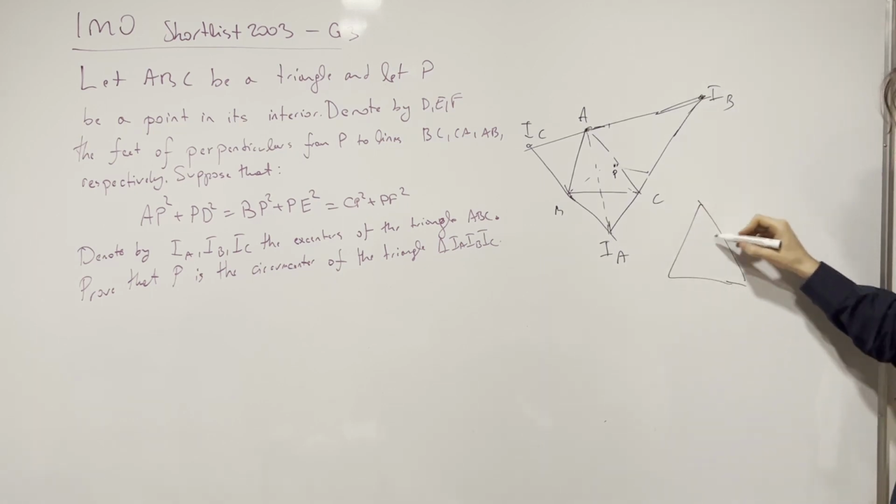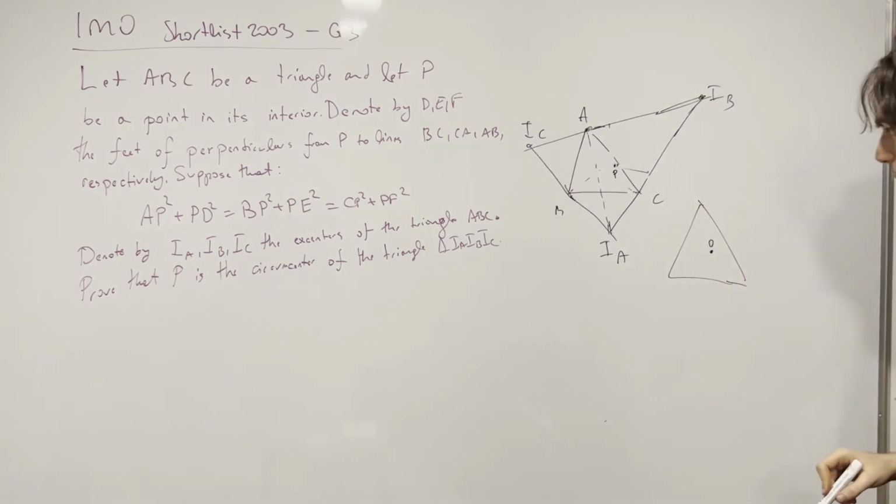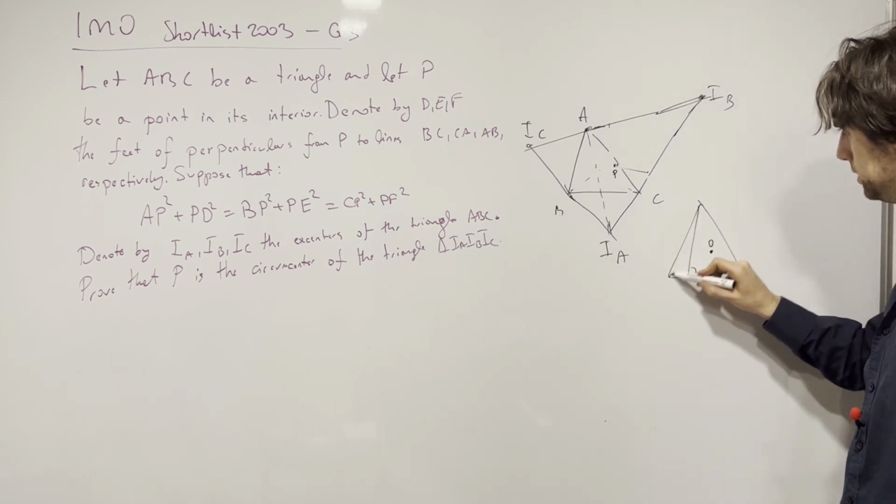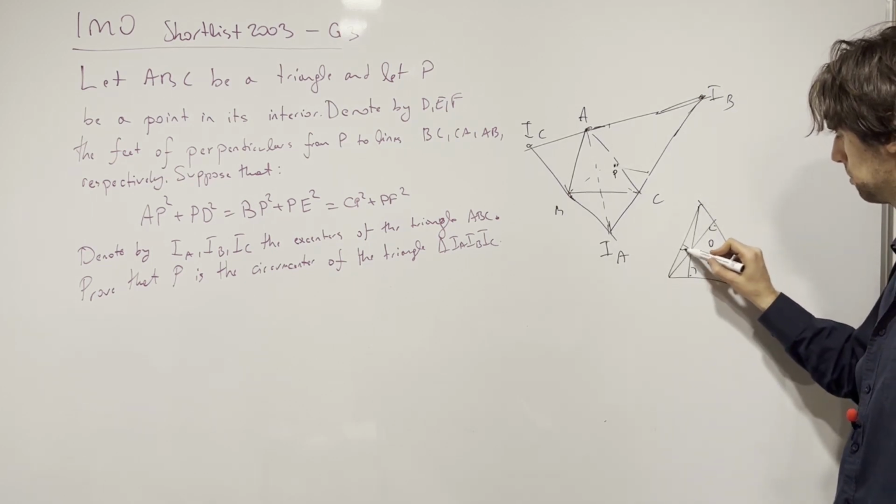So P is the same as in a regular triangle ABC. We have O, the circumcenter, and we have these perpendiculars.